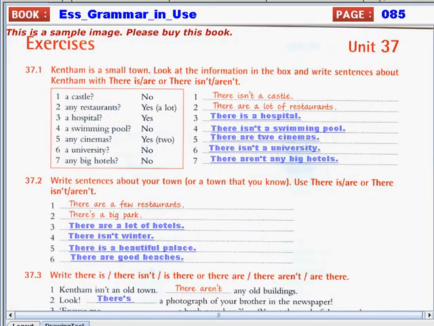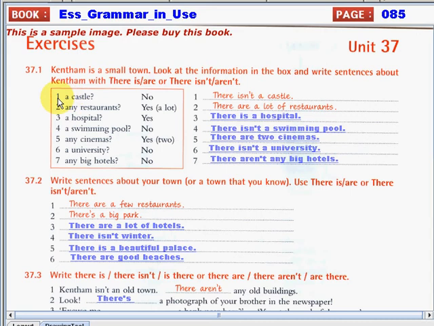Let's go now to the exercises under Unit 37. First one is 37.1. Cantham is a small town. Look at the information in the box here, and then write sentences about Cantham with there is, there are, or there isn't, there aren't.